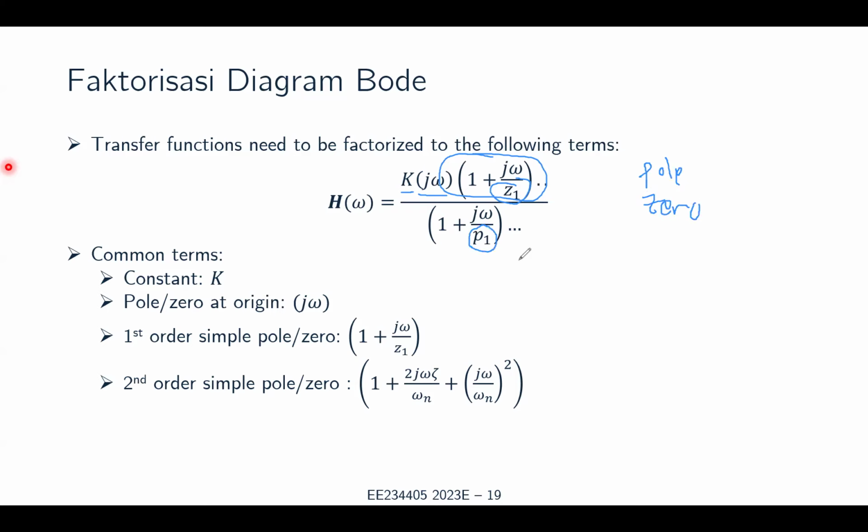And P1 here is the pole. Z1 is the zero, right? And the common terms, we have constant K, and we have pole or zero at the origin, j omega, and we have the first order simple pole zero, 1 plus j omega over Z1. And we have a second order pole zero, which is represented by this term, right?